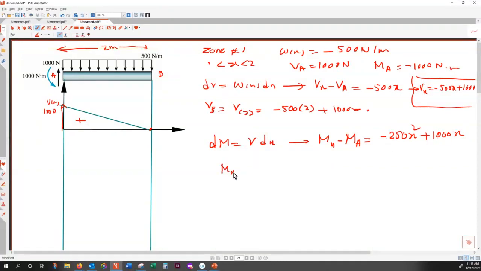M of x is minus 250 x squared plus 1000 x, and then minus minus plus, that is minus 1000. So M of b is equal to M at x equal to 2.